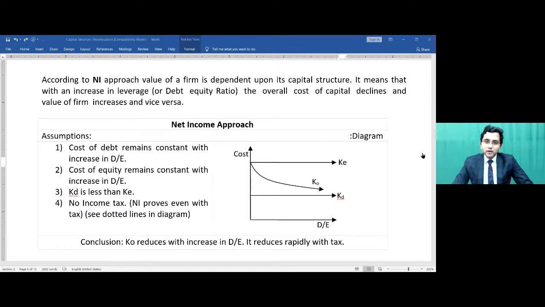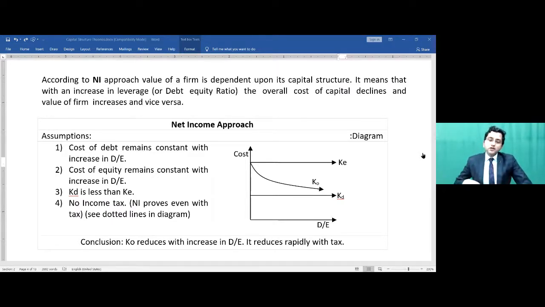If you are an equity shareholder in the company, at the time of liquidation, you are the last to receive the amount. So if the company is in financial trouble, you are the first to bear that financial trouble or loss. So you bear very high risk as compared to debenture holders.